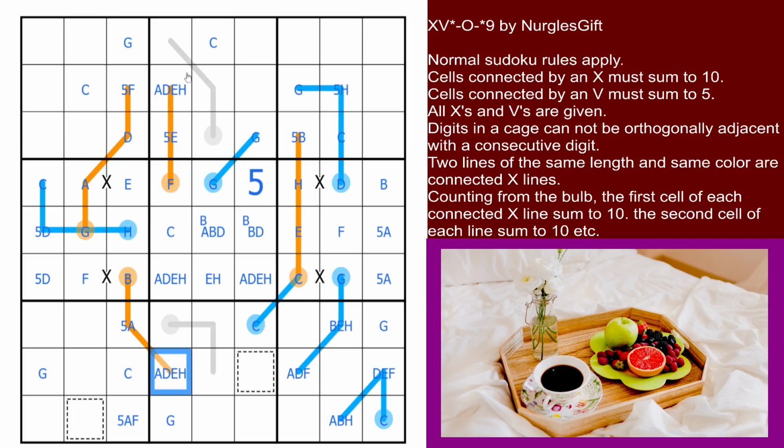Oh, ADEH, ADH. Oh, I have put that. So all the lines I have done, right? Except this one. So does this line have answers for everything? I don't think so, right? But I don't have any other thing to do. So let's just put those, right?